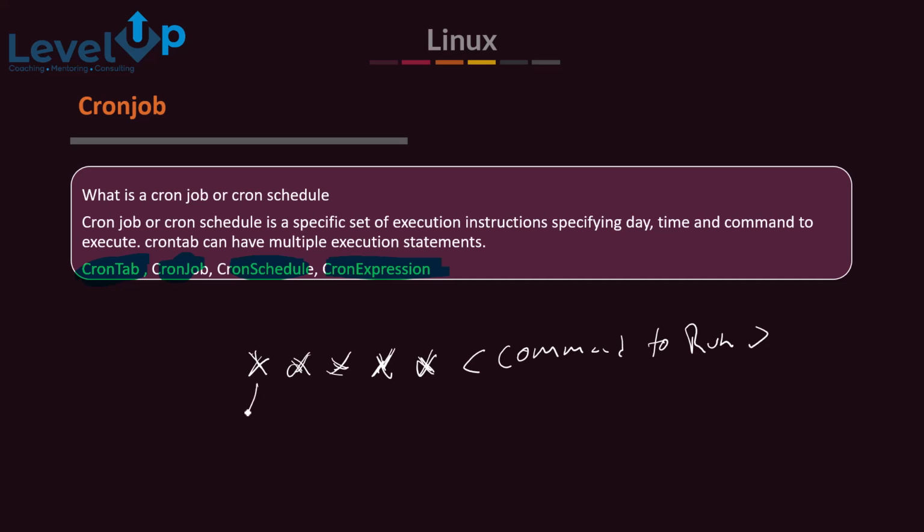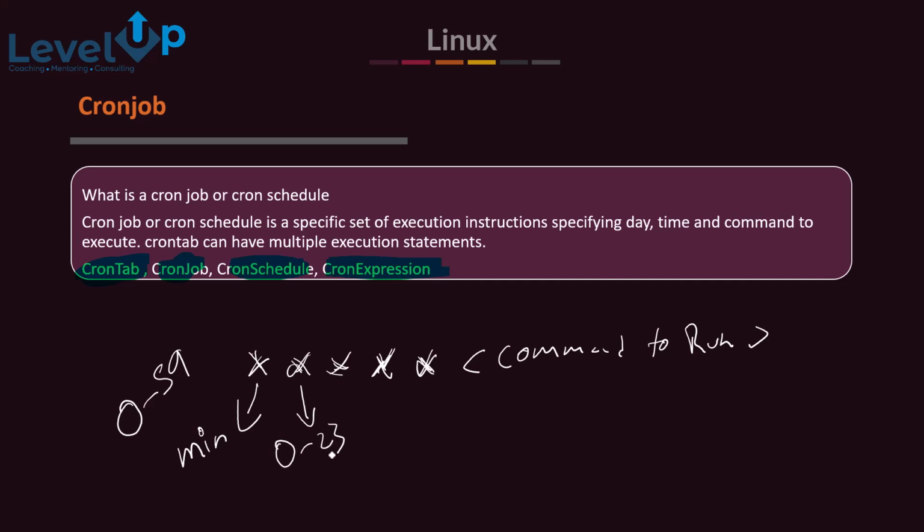Now, what does this determine? The first one determines at which minute you have to run this cron job. We have 60 minutes per 1 hour, right? So it could be anywhere between 0 to 59. The next one defines which hour, 0 to 23, 24 hours.